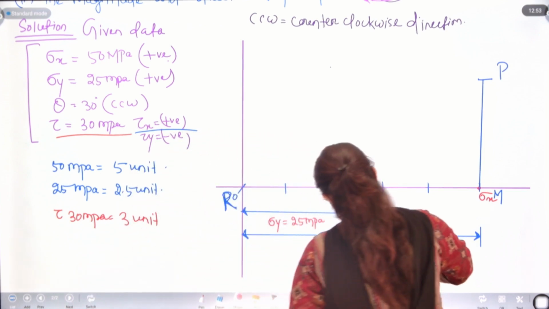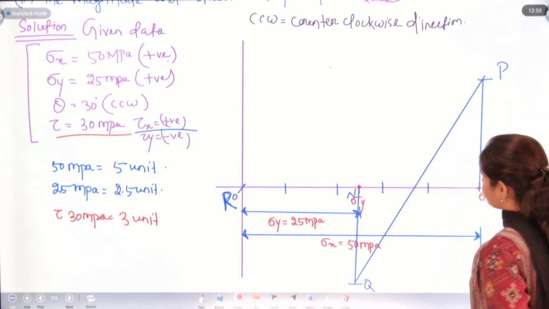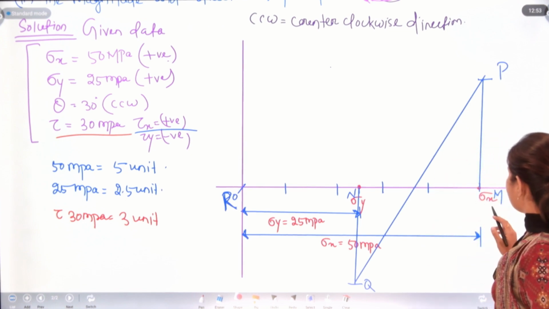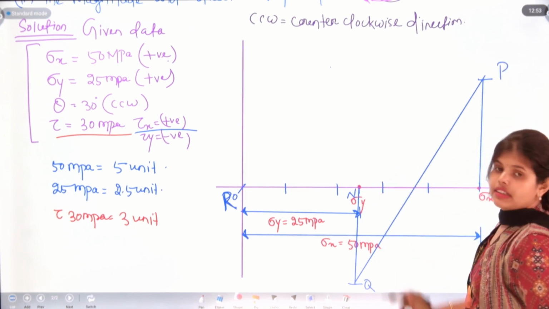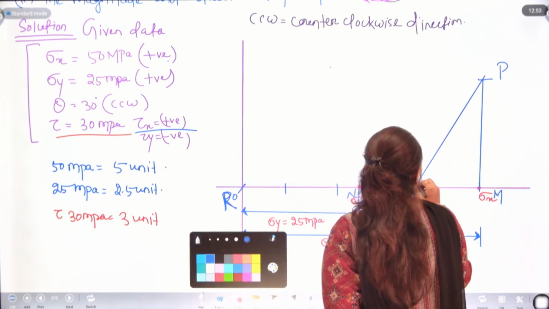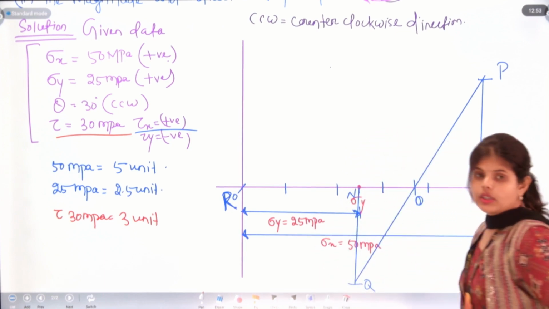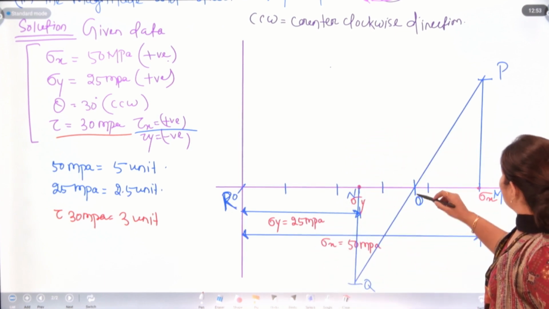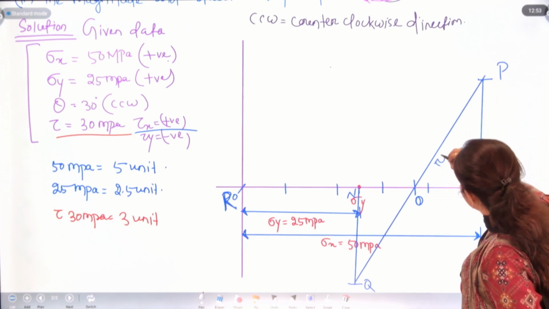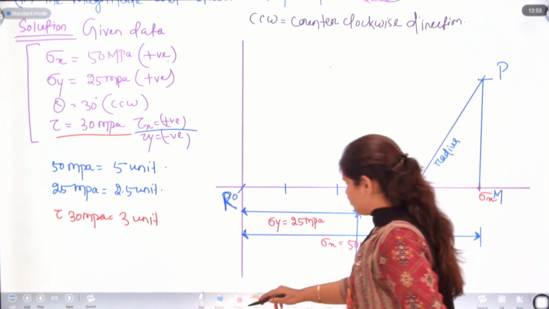Let's connect the PQ line here. So we have the PQ line. We can see MP is similar to NQ. This point we will take as O. Now we will take OP as the radius and draw the circle.